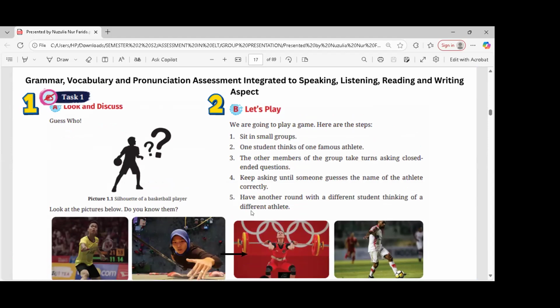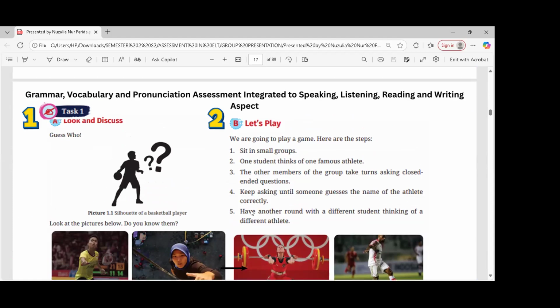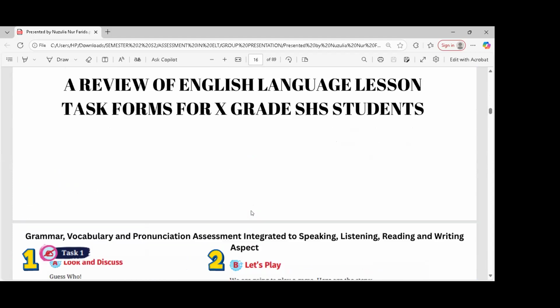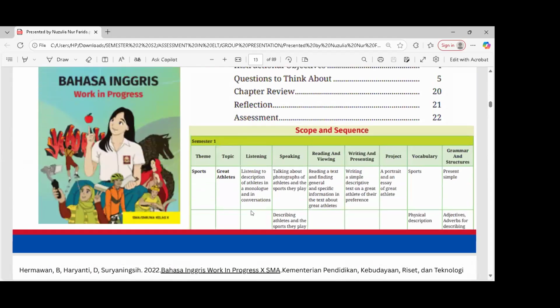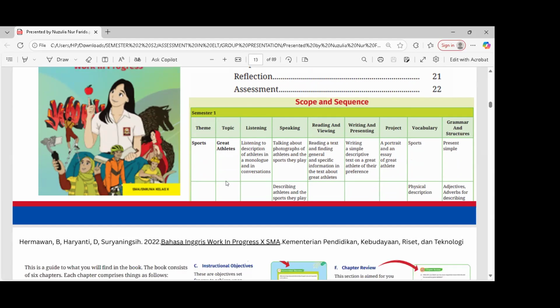Students have to look and then discuss. Ya, for the theme, nah ini temanya itu, yang pertama itu tentang sports gitu. Jadi tema besarnya sports, terus subtopiknya tuh ada great athletes. Jadi membahas tentang atlet-atlet yang mendunia yang ada di Indonesia.